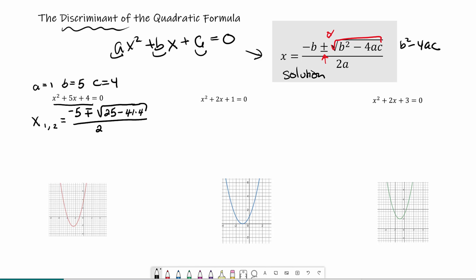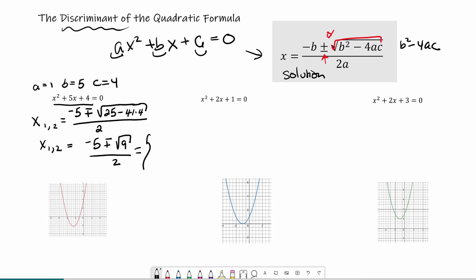Now 25 minus 4 times 4 is 25 minus 16, which is 9. So we get x1,2 equals negative 5 plus minus the square root of 9, divided by 2. Now, the square root of 9 is just 3.